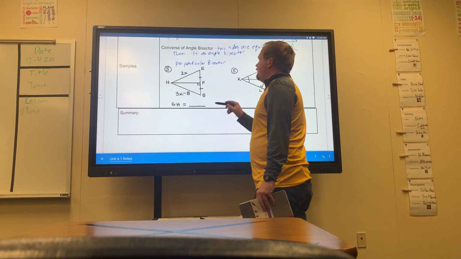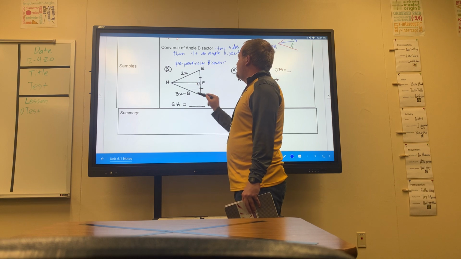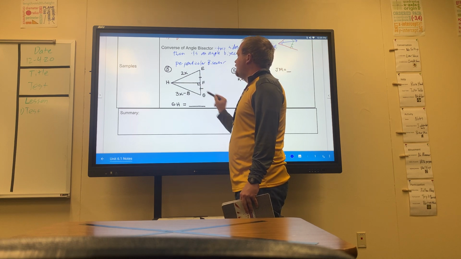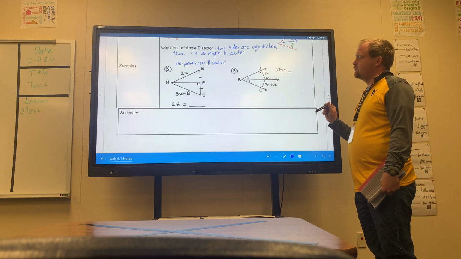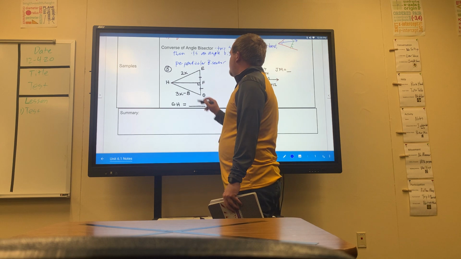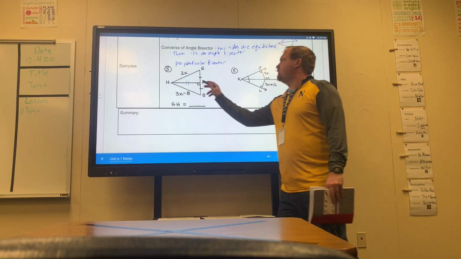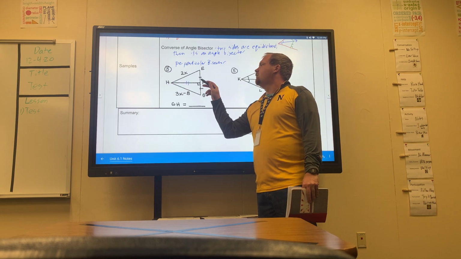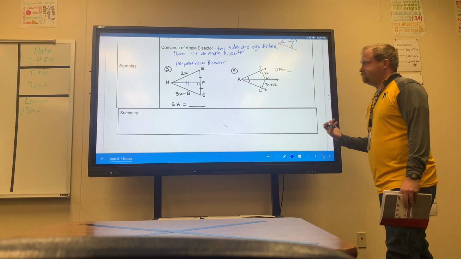If I know that these two are equal distance from each other, then these two lengths have to be equal, because this segment right here is going to be congruent, side angle side, so I have congruent triangles.